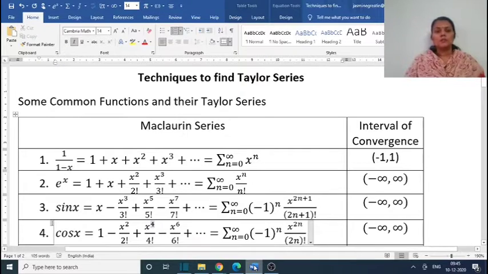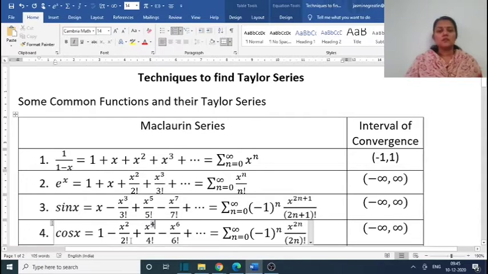In this portion we have some common functions and their Taylor series, and we use these formulas to evaluate product terms which involve functions like e raised to x, sin x or cos x. That type of function we are evaluating the Taylor series or Maclaurin series. That's the method we use.